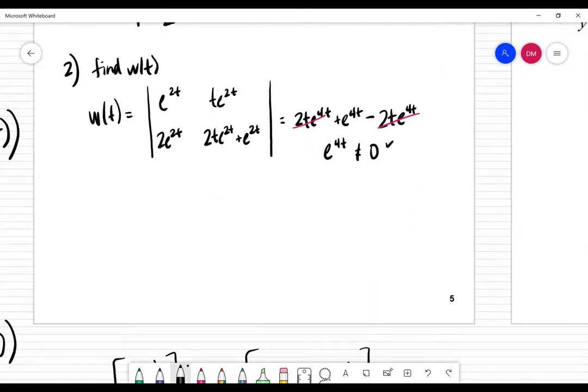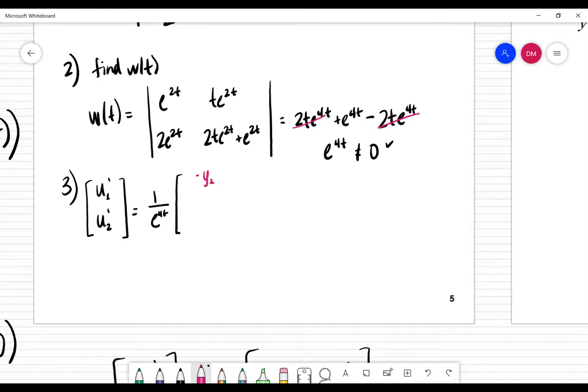So we're going to plug this into step 3, which is that u1 prime, u2 prime is equal to 1 over that Wronskian, e to the 4t, times our matrix that we're going to use here to find our solution. So we're going to take negative y2 times g of t and positive y1 times g of t.